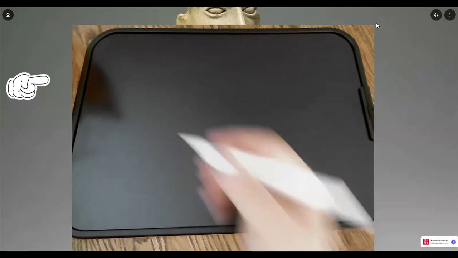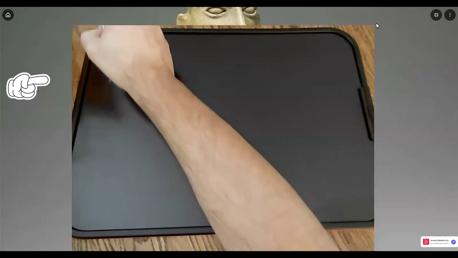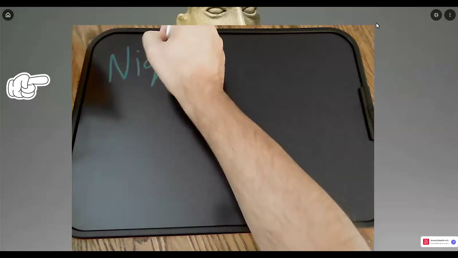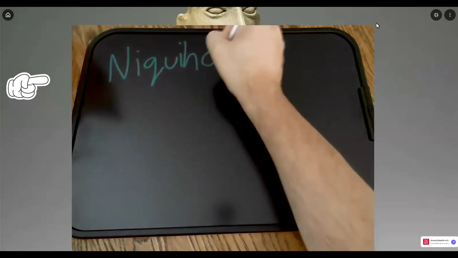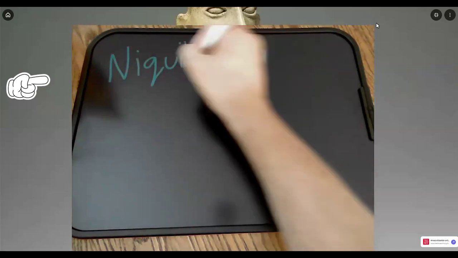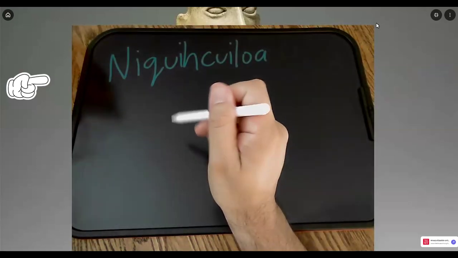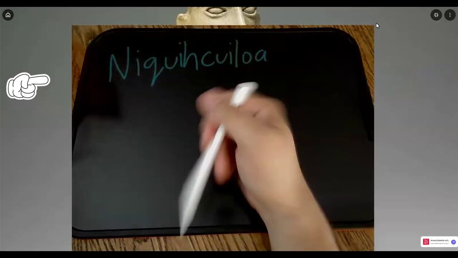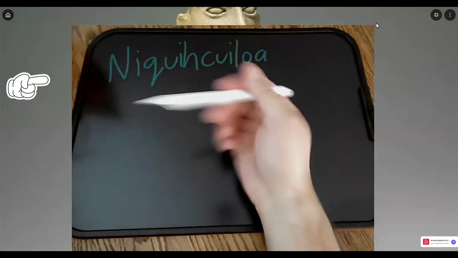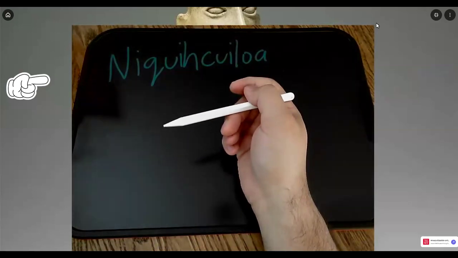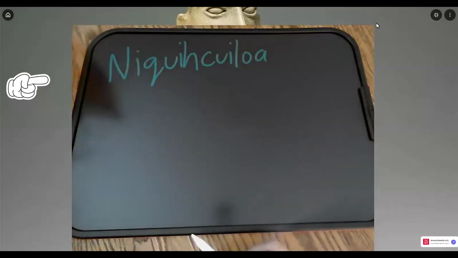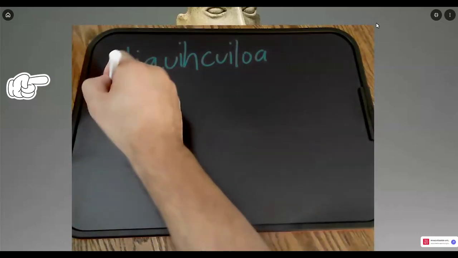So let's put it all together, and also as we're writing it, pronounce it as well. So ni ki qui loa. The H has a voice, ni ki qui loa. We're stressing it when we are learning, but it's a soft sound. Ni ki qui loa.